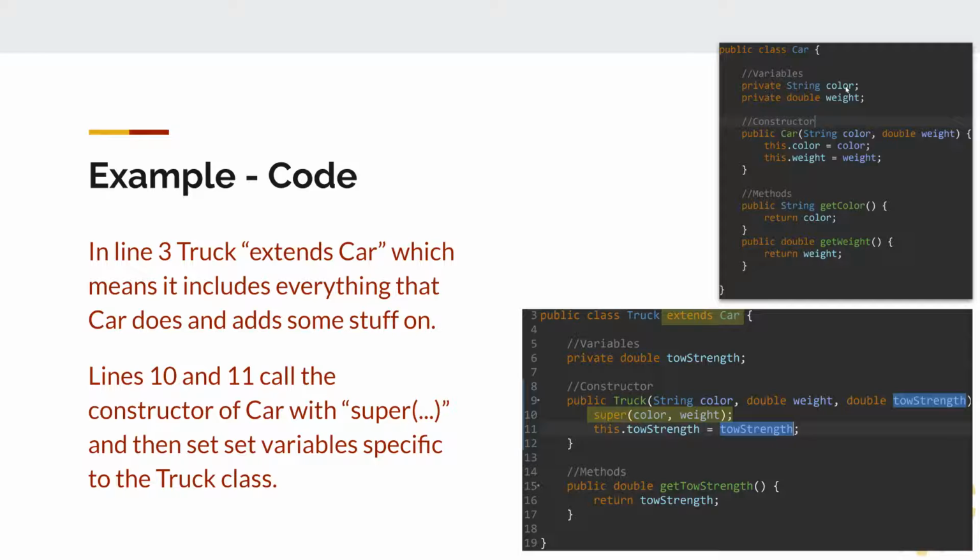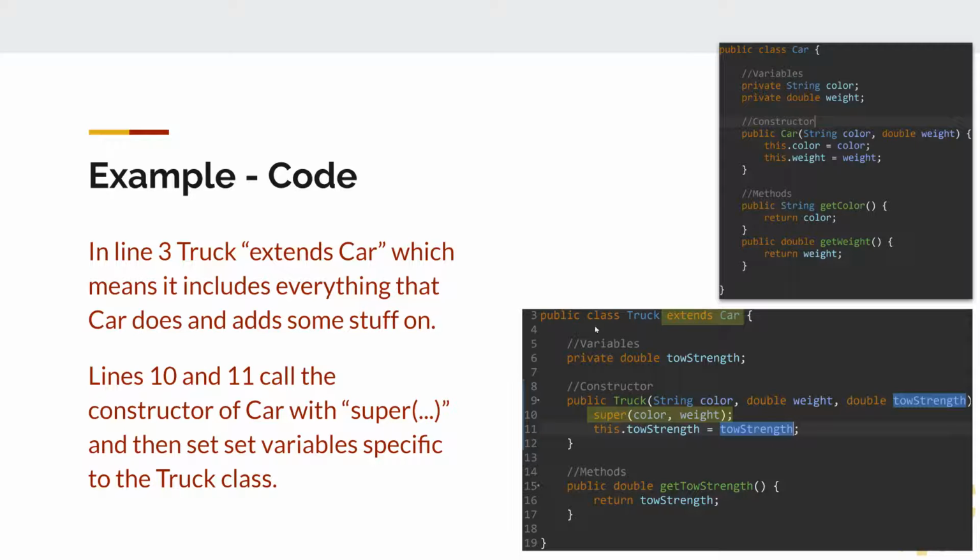What this looks like is, you can see we have the car class here. We have our color, weight, and our constructor to set those variables, and then some functions to access the values of those. Now if you look at the truck class, what we added from what you would normally expect is this statement called extends car.